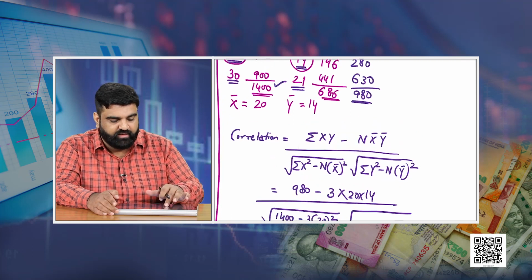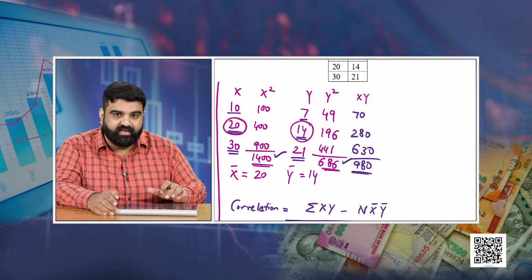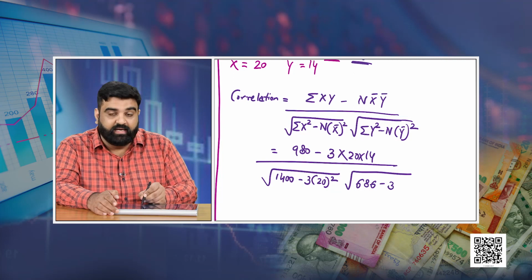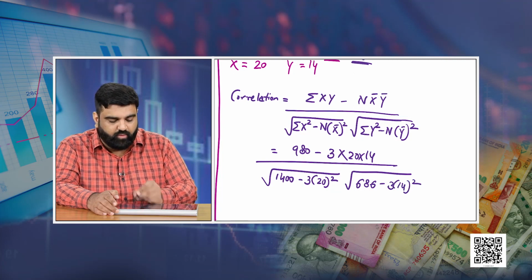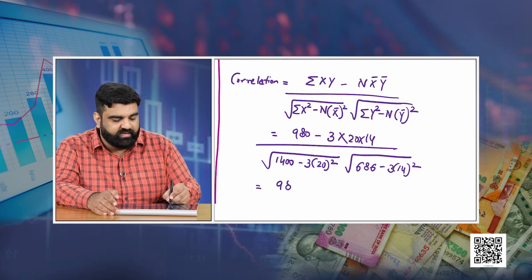Similarly, square root of sigma y square. So, sigma y square was 686 minus 3 into 14 the whole square. So, let us calculate the values. So, we have 980 minus 20 into 3 into 14, which will be 840.